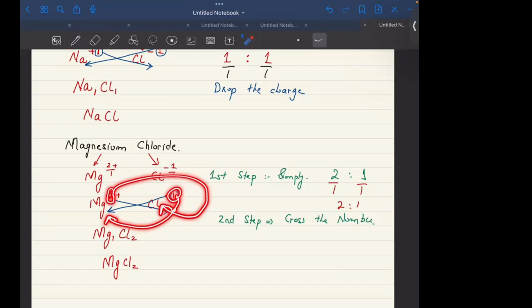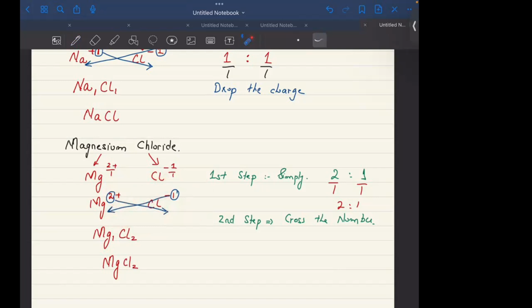We are not doing 2 into 1. This cross is not cross multiplication. I'm just showing you the direction of numbers going. By using this arrow, I'm just trying to show you the direction of numbers. The 1 is going to the subscript of magnesium and 2 is going to the subscript of chlorine.